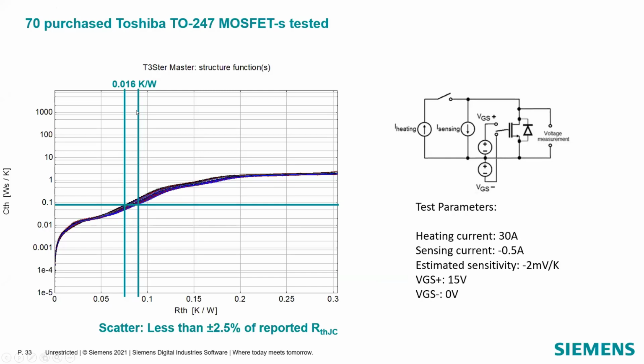This is the maximum scatter, which is less than plus or minus 2.5% of the reported RthJC, which is actually considered to be excellent. Typically, most manufacturers, and I'm not speaking on behalf of Toshiba, have some variation of these values. This is a very low variation for off-the-shelf components.